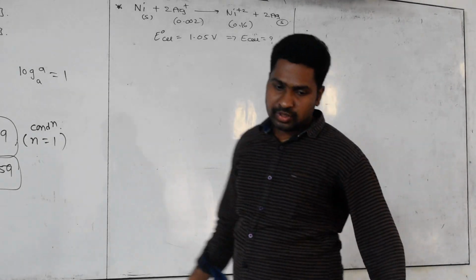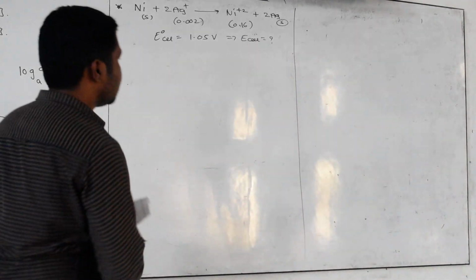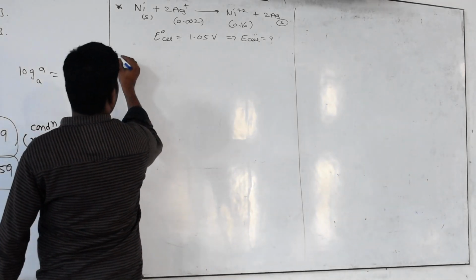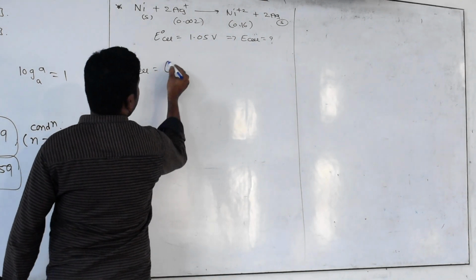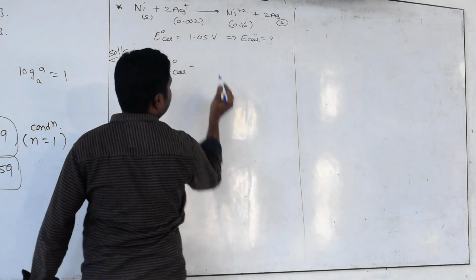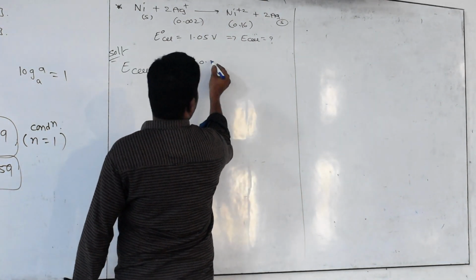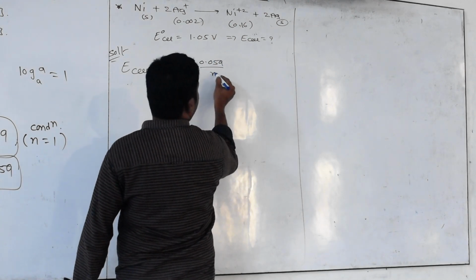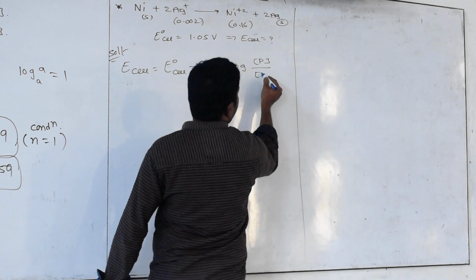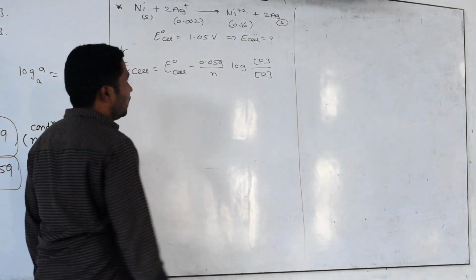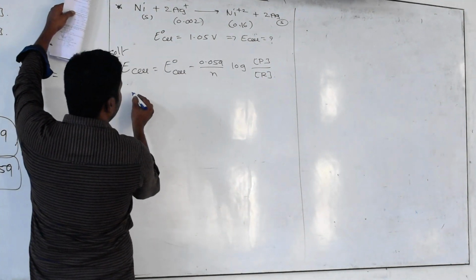Okay, first write down the related formula for this. EMF for this cell is equal to standard EMF for this cell minus 0.059 by N into log of concentration of product ions by reactant ions. We want EMF for this cell, leave it as question mark.